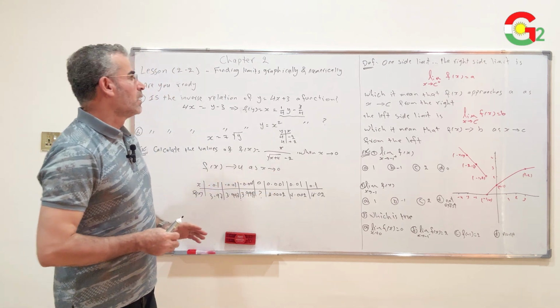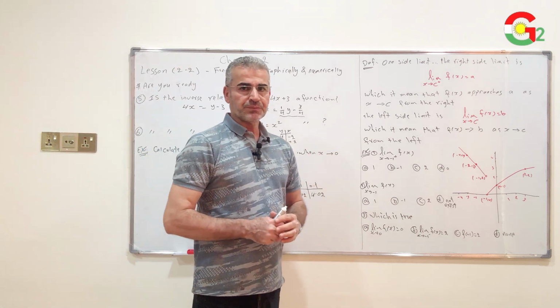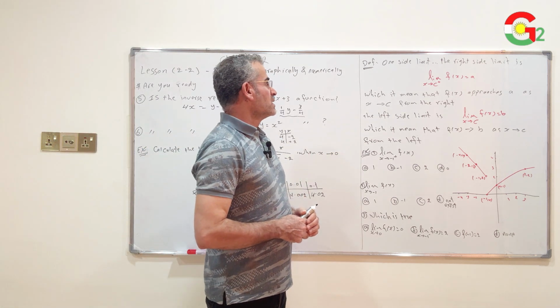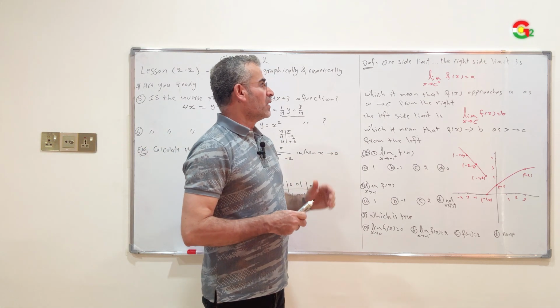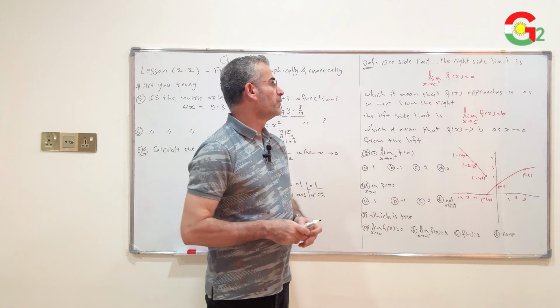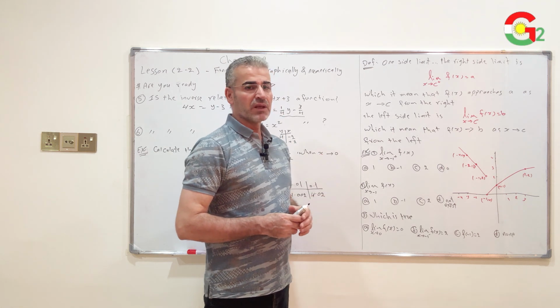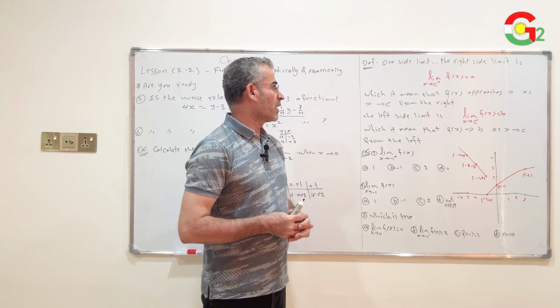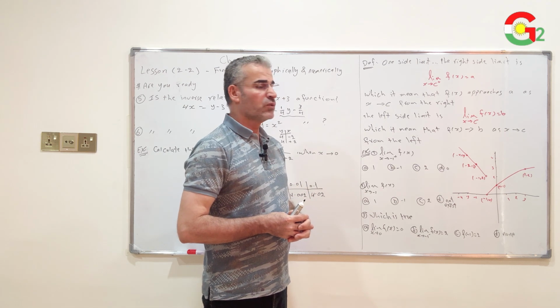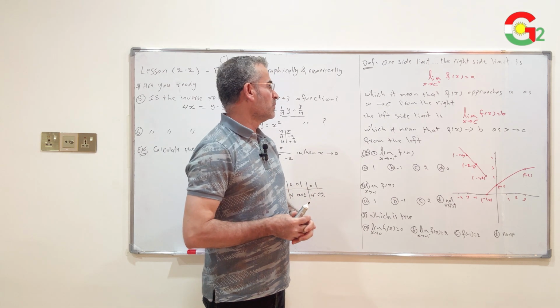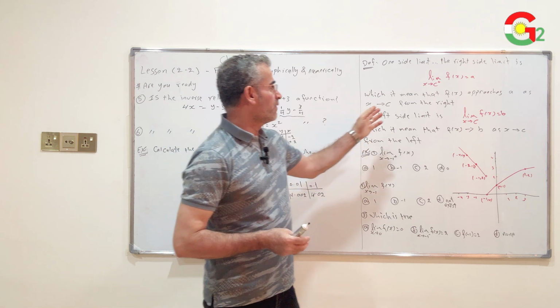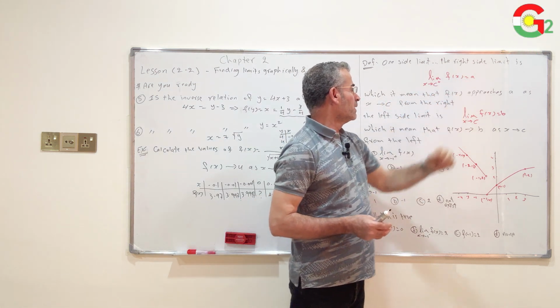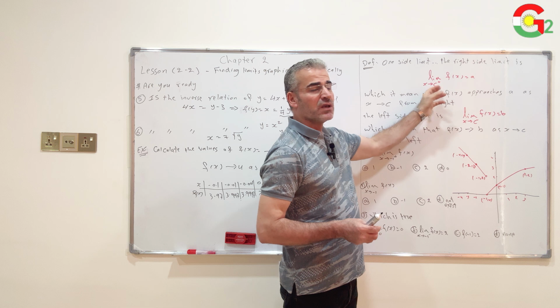Definition: one-sided limit. The right side limit is limit as x approaches c from the right of f of x equal a. What does that mean? It means f of x approaches a as x approaches c from the right.